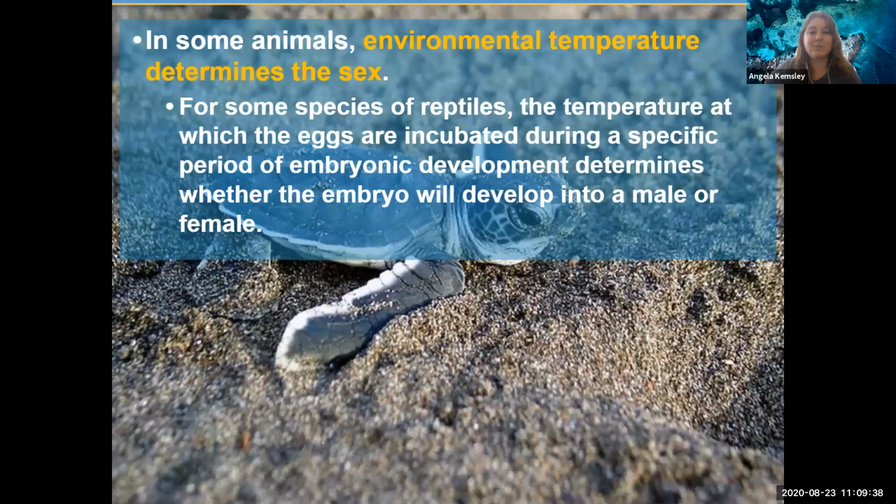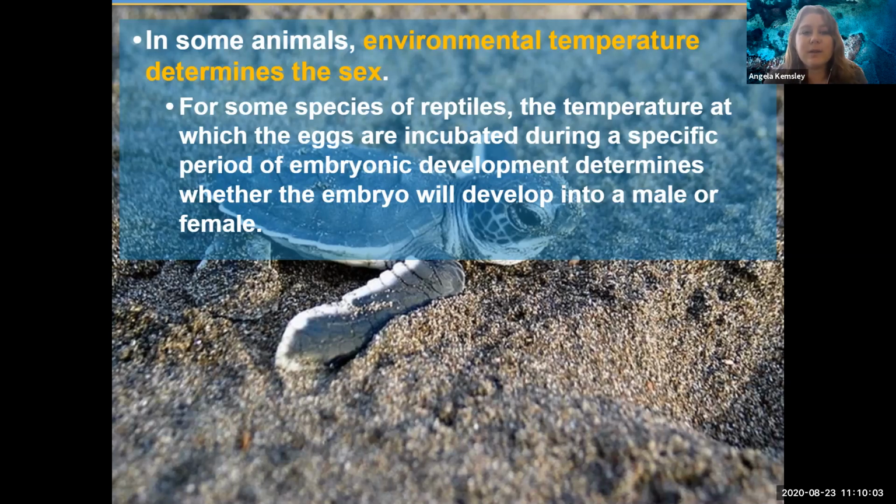In some animals, environmental temperature can determine sex. So for some species of reptiles, the temperature at which the eggs are incubated during a specific period of embryonic development determines whether the embryo will develop into a male or a female. An example of that are sea turtles. So if sea turtle eggs are incubated at a certain temperature, above a certain temperature, they're one sex, below a certain temperature, they're the other sex.